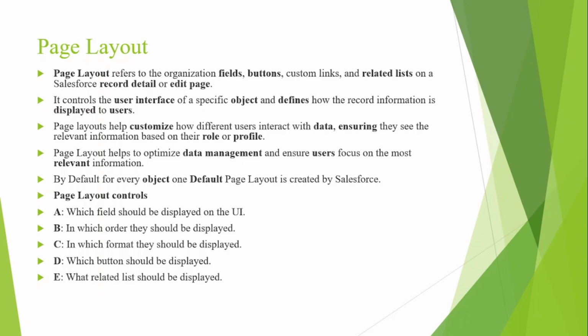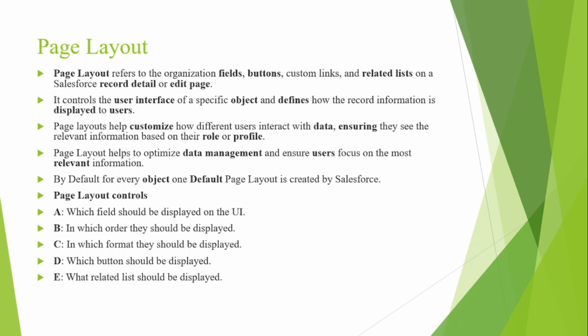So on the user interface, this is how the information gets displayed for that particular object. Page layout helps customize how different users interact with data, ensuring they see the relevant information based on their role and profile. So every user has a role and profile.